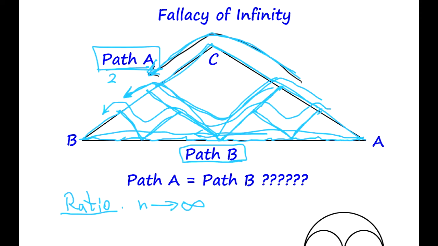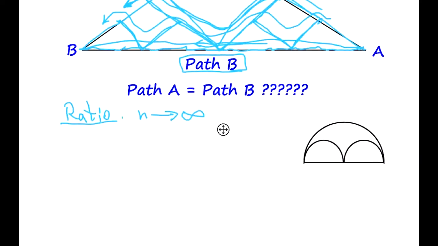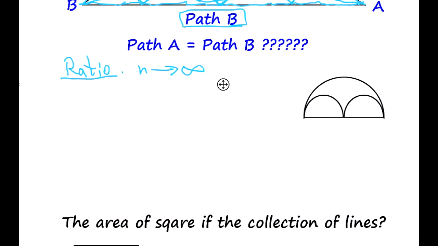Now we can make the same argument using a different geometry. Here we have this path versus this path, going from A to B. This path, if this is R, then this is 2R.